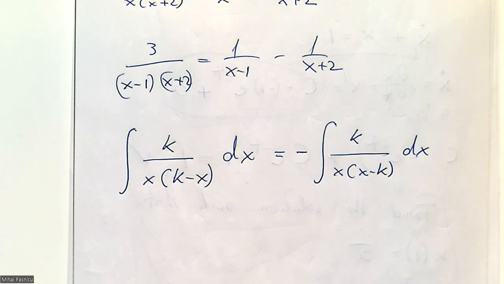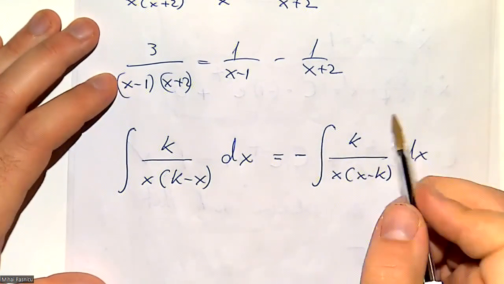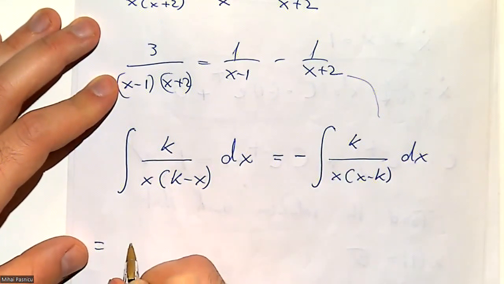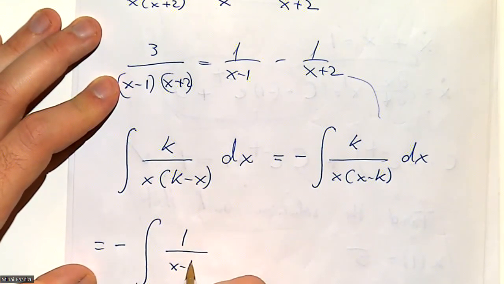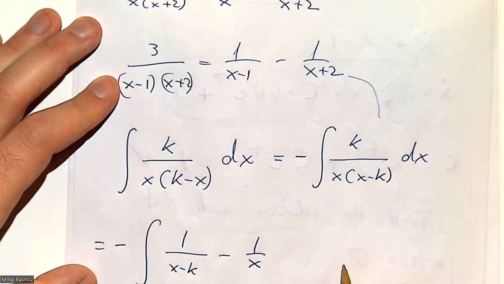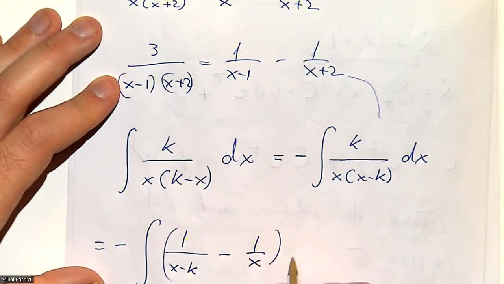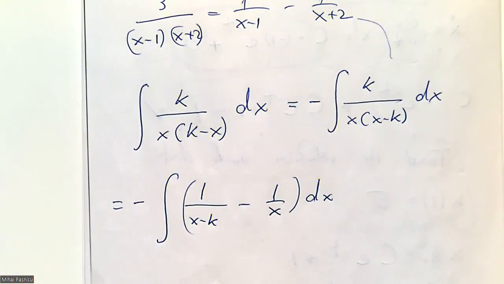Okay? And now I just know that this thing, according to this ugly formula that I just wrote up top, is equal to minus the integral of 1 over k times (1 over x minus k minus 1 over x) dx. And why have I bugged you with this formula? Why does it make sense?